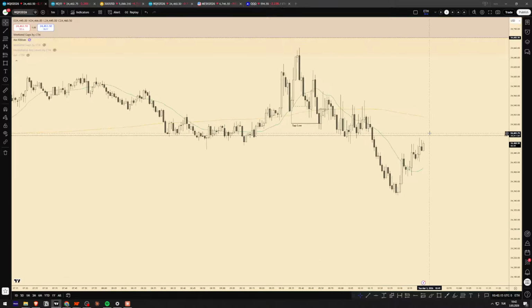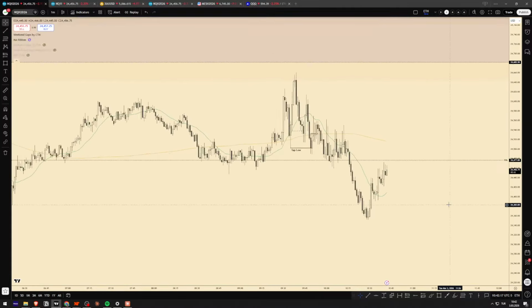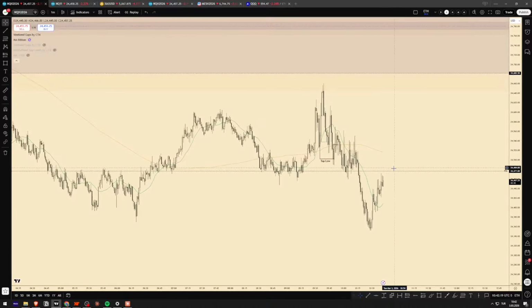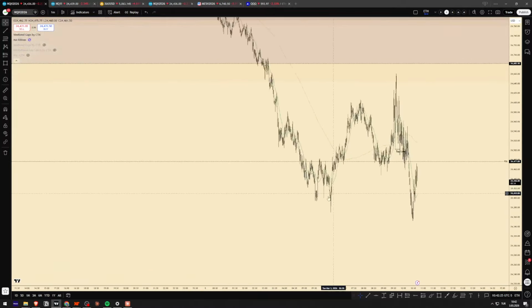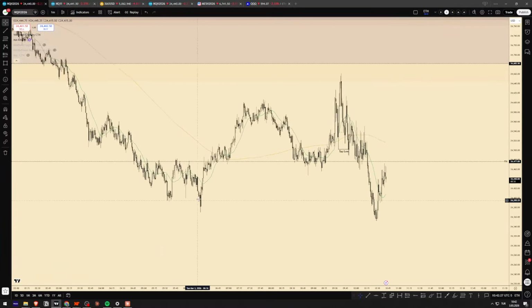If price closes above this previous day low level, this is our previous day low. Price took it on London session, pre-session, pre-New York, whatever you want to say.